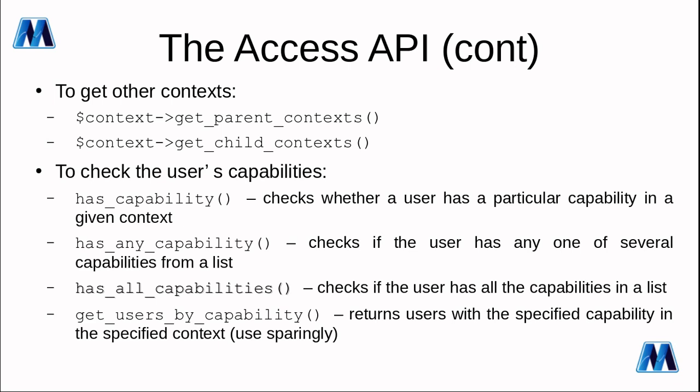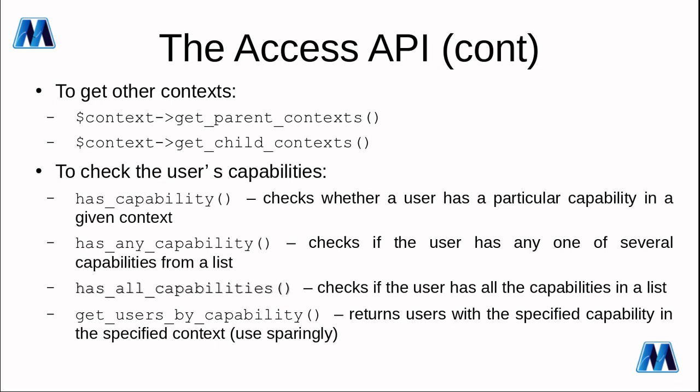You can additionally check for various capabilities by using the has any capability function, which will check if the user has one or more capabilities in the list you provide. Has all capabilities is if you need to check several capabilities at the same time.